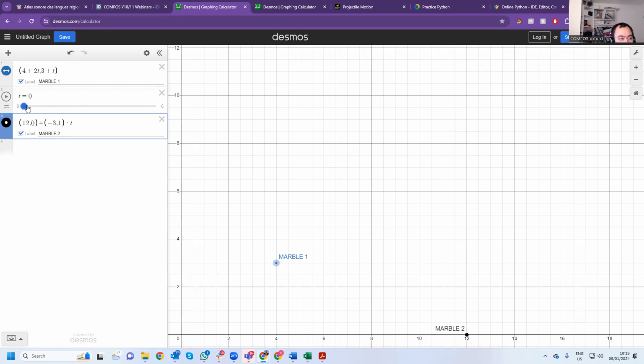Let's see if this works. So you can see that the marbles won't collide, but we could adjust it so that they do. Yeah, they are. They come really close to each other.